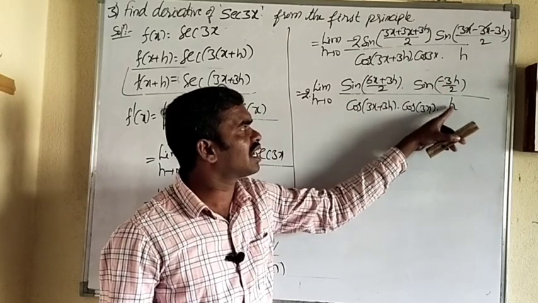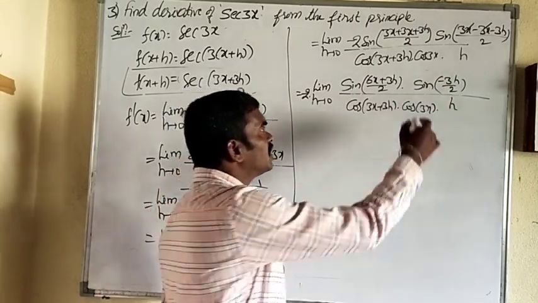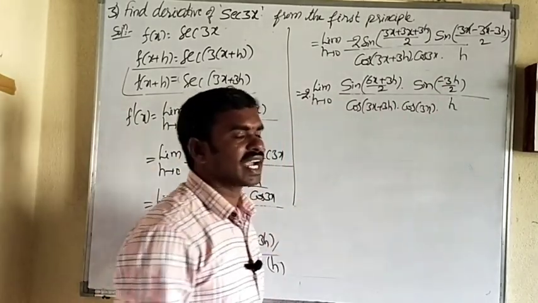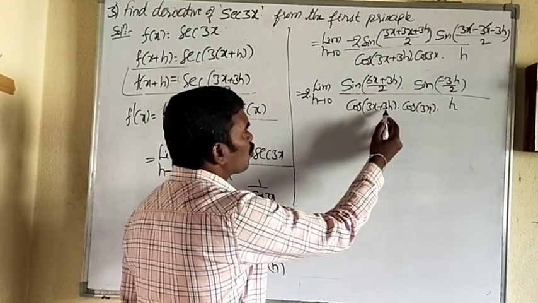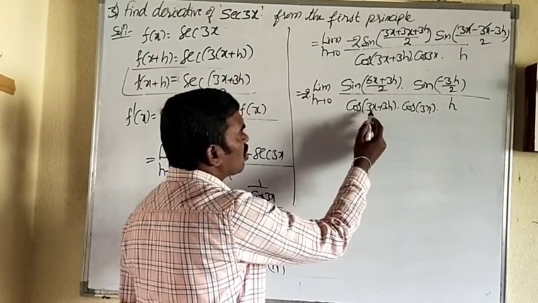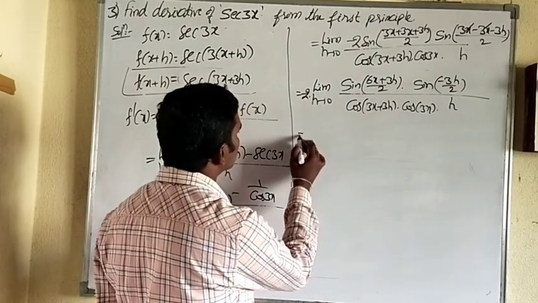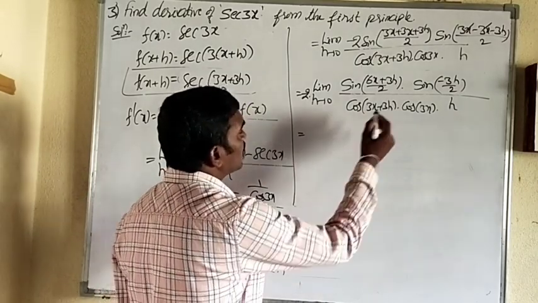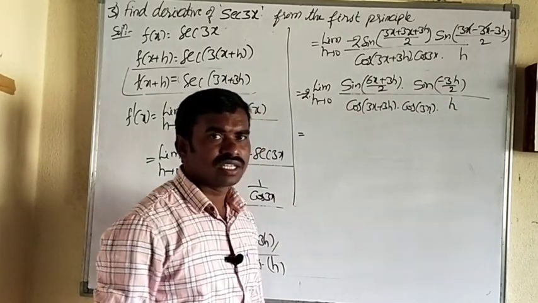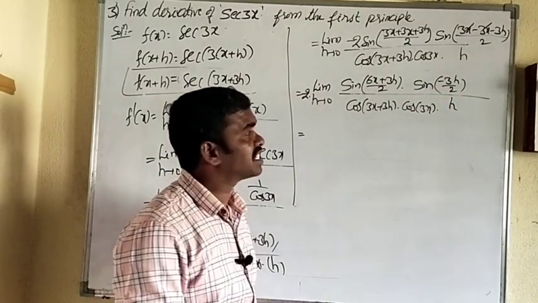And here sin 0 is 0 and h is 0, so it is undefined, 0 by 0. So keep these two terms aside, and for the remaining terms, no problem. If h value is 0, just cos 3x into cos 3x we get. And one more thing, sin of minus theta is minus sin theta.